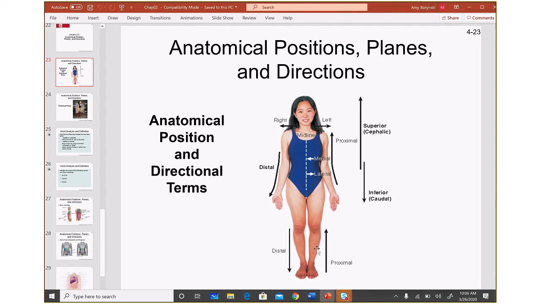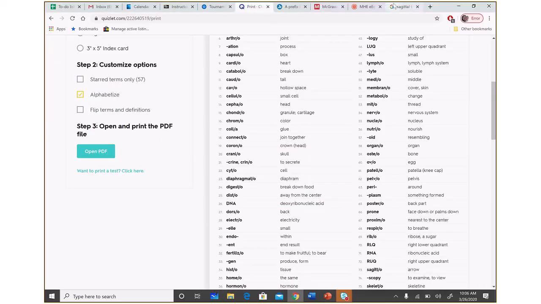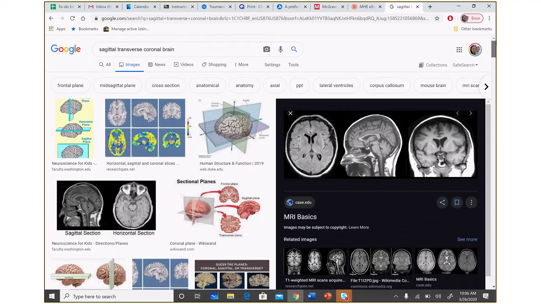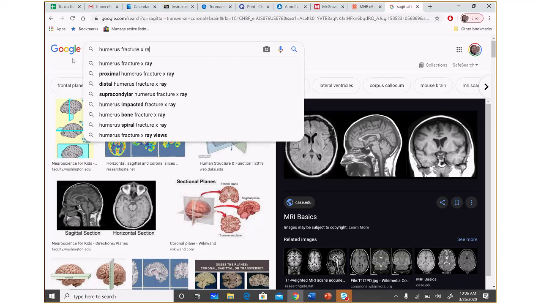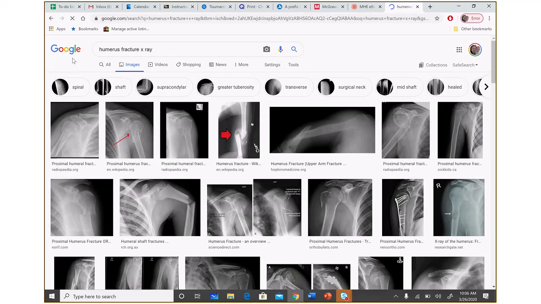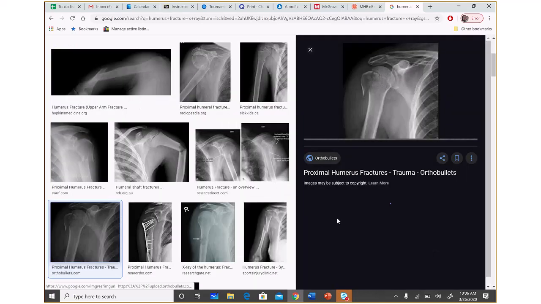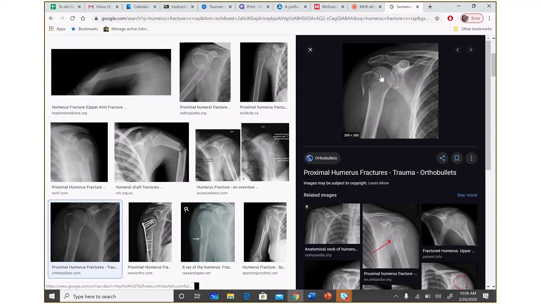Let's look at some examples. The humerus is the bone in the upper arm, which you don't have to know quite yet, so no fears. It goes all the way from the shoulder down to the elbow. If somebody comes in and they fractured it at the shoulder side, is that the proximal or the distal side?